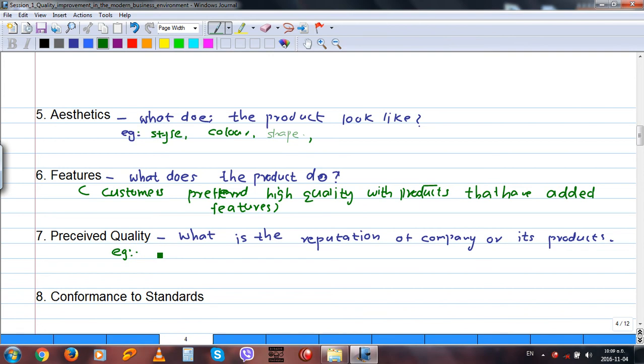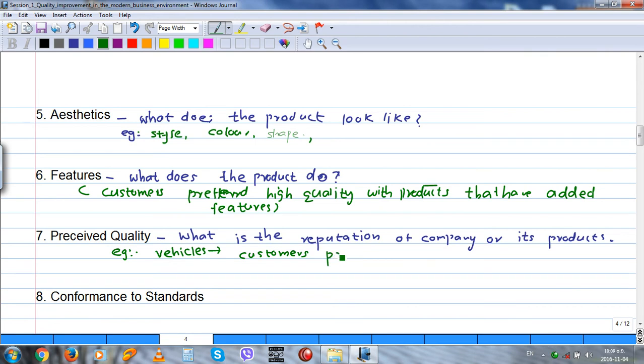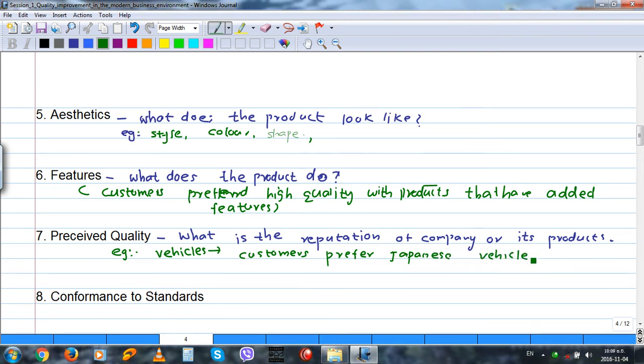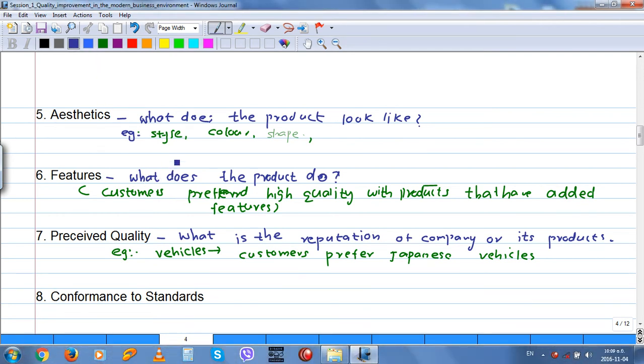When we think about vehicles, customers prefer Japanese vehicles. So the last one is conformance to standards.